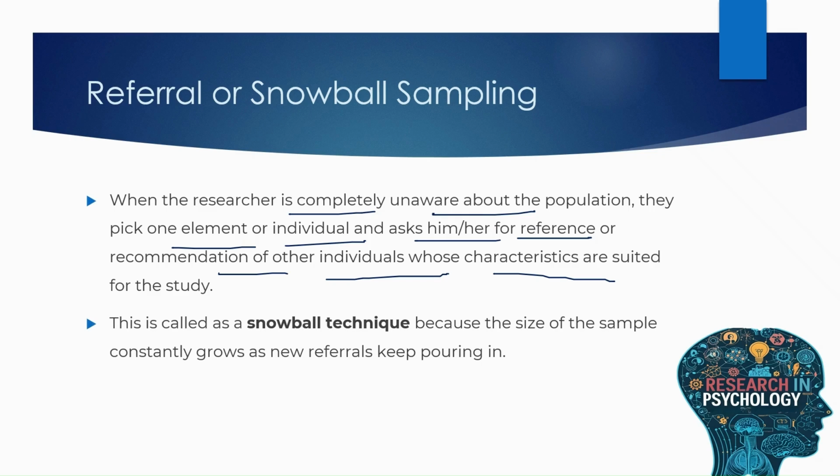So what I'm going to do: I don't know about the population, I don't know who will be suitable for my study. So when I get the first person who agrees to all my criteria of a good sample, I'll ask this person if they know anyone else who will be able to similarly tick all my needs, all my criteria of a sample.